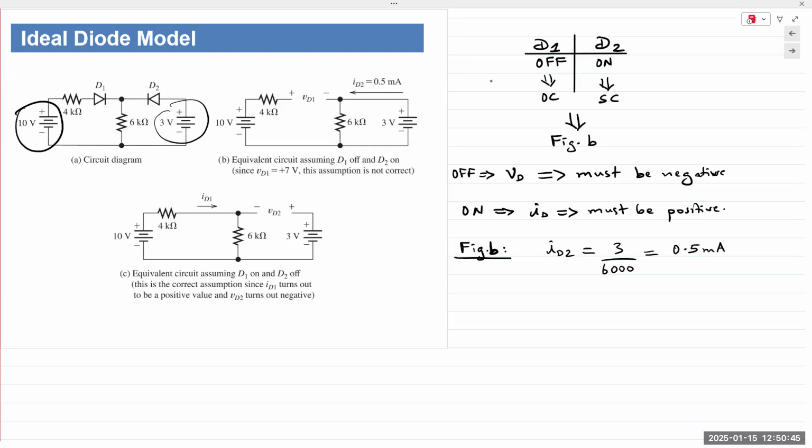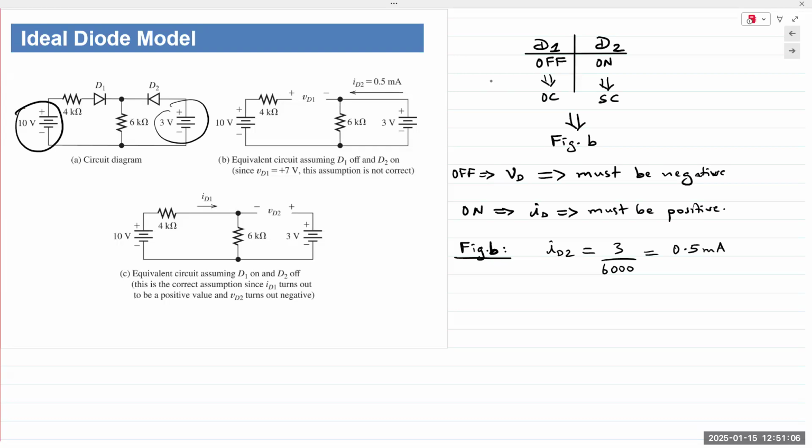In general, the question being asked is about diode voltage and diode current. Are those conclusions valid for all diodes? The answer is yes. They are valid for all diodes. If you choose a diode to be on, then the voltage is 0 and current must be a positive value.